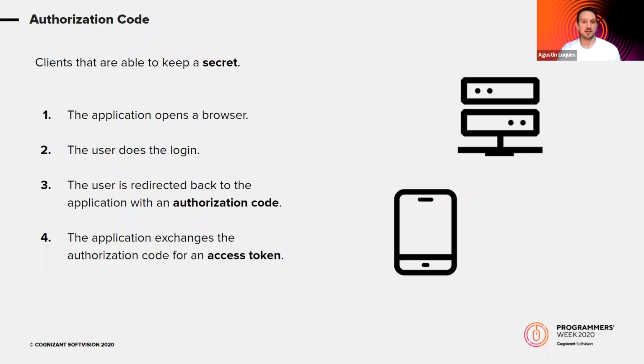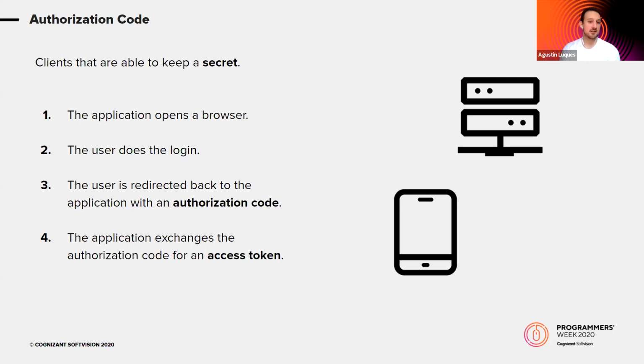The first grant type we are going to see is the authorization code grant type. This grant type was designed to be used from clients that are able to keep a secret. We are going to call these clients confidential clients, and these are web apps and mobile apps with the backend.